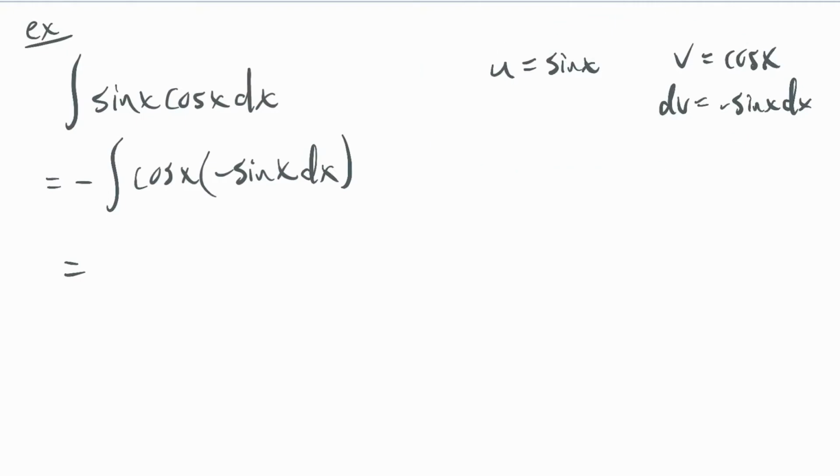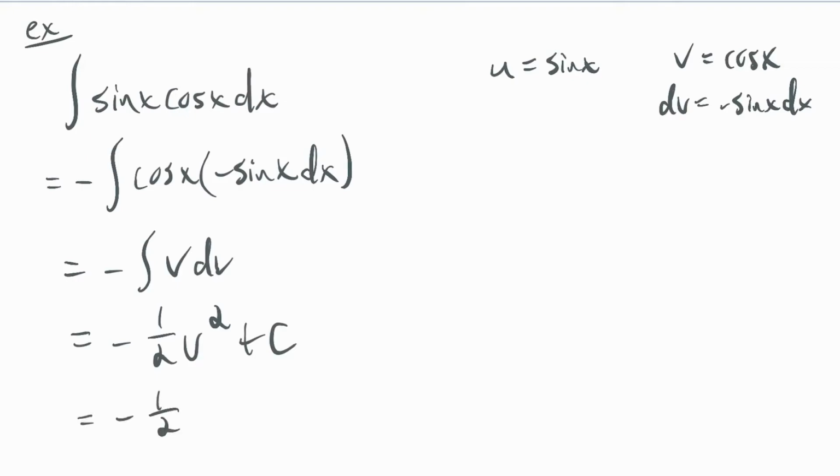I could have gone with a and b. It doesn't really matter which letters you use, just not x. So this will be a negative integral v dv, and then we'll get negative 1/2 v squared plus c. So we get negative 1/2 cosine squared x plus c.